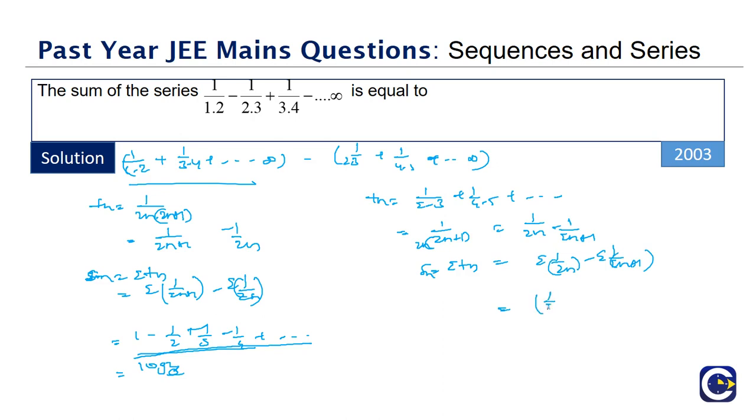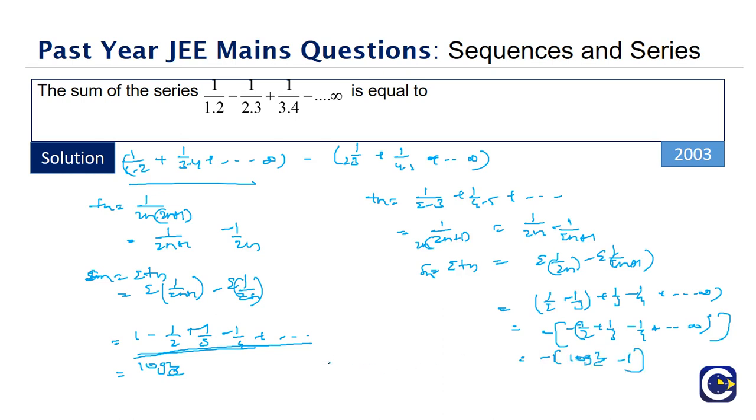So we can write it as 1 by 2 minus 1 by 3 plus 1 by 3 minus 1 by 4 plus and so on infinity. We can rewrite it as minus 1 by 2 plus 1 by 3 minus 1 by 4 plus and so on infinity. If you observe this, there is no 1 over here, but the whole sequence is the same as the logarithm series, so we can write it as minus of log 2 base e minus 1.